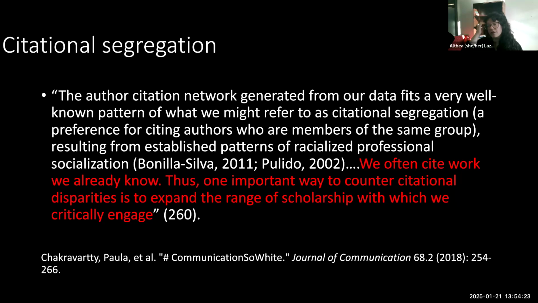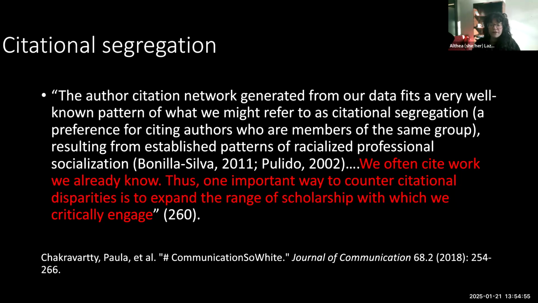Now, I think that there's nothing in this research that says that this is intentional exclusion, but there is a pattern identified that you're more likely to cite research that's written by people who are more like you, resulting from established patterns of racialized professional socialization. When you're in school, you also tend to read authors that are from the dominant groups in the professoriate that we've been looking at.